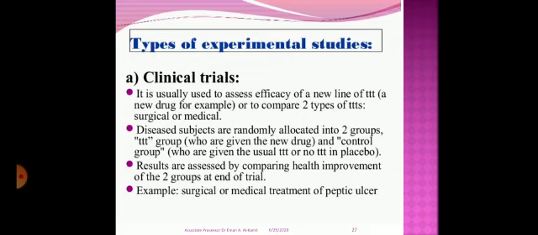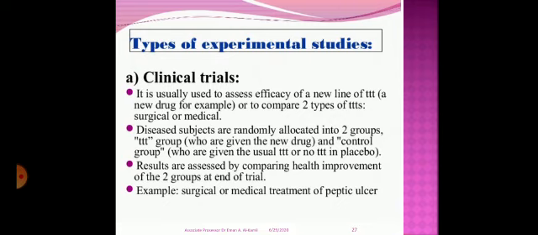Or we have a special technique in surgery, for example, or treatment. So we divide people into two groups. One has the first or standard treatment, and the other has the new treatment, and then we measure. So we intervene with the individuals and wait for the result of the effect, and then we compare between the groups.